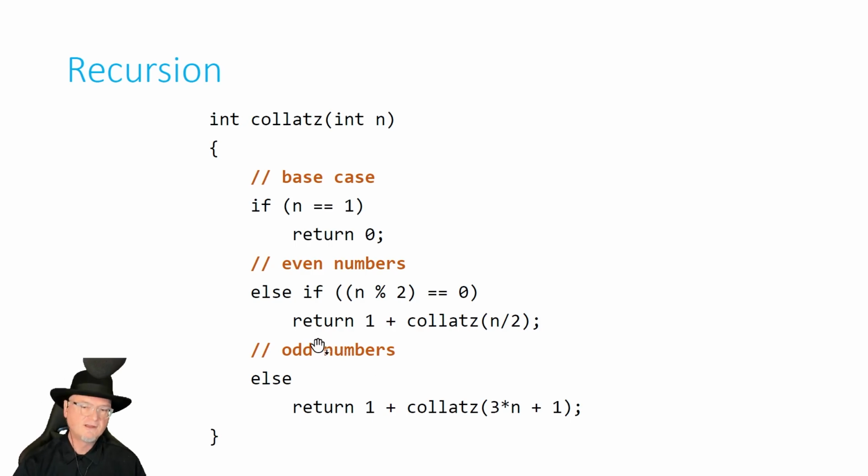In that case, we're going to return 1 plus the result of collatz of n divided by 2. So this is the recursive part. And if it's odd, we return 1 plus collatz of 3 times n plus 1.